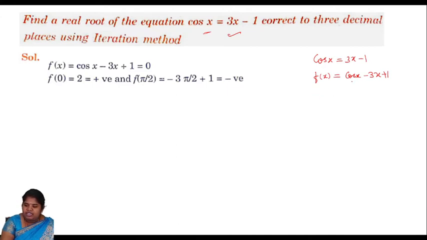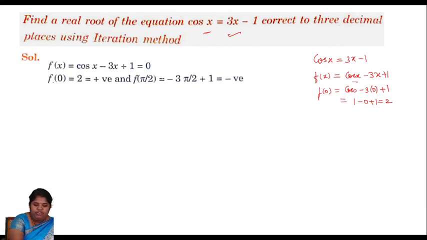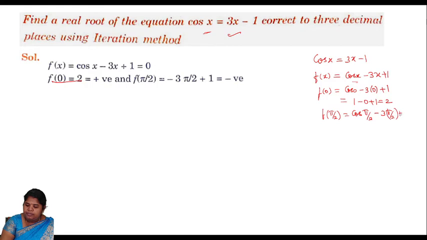Since this is given in terms of angle, we substitute f of 0, replacing x with 0. So cos 0 minus 3 times 0 plus 1. Cos 0 is 1, minus 0 plus 1, which is equal to 2. Therefore f of 0 equals 2, which is positive. And substitute f of pi by 2, replacing x with pi by 2. So cos pi by 2 minus 3 times pi by 2 plus 1.